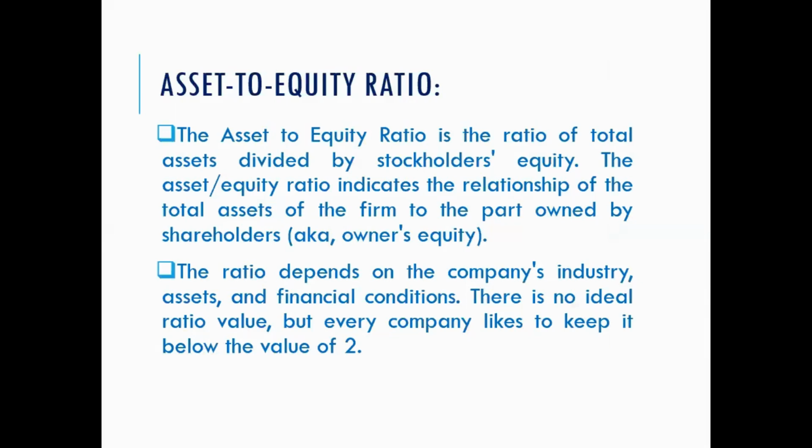Assets to equity ratio. The assets to equity ratio is the ratio of total assets divided by shareholders' equity. It indicates the relationship of the total assets of the firm to the part owned by the shareholders, or owner's equity.